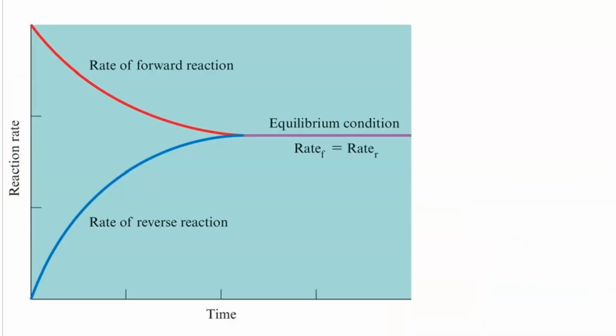Let's look at what's happening as a reaction reaches equilibrium. We have rate of reaction on the y-axis and time elapsed on the x-axis. Let's consider the very beginning of the reaction, here and here. For the forward reaction here, we have a very high reaction rate. That's because the concentrations of A and BC are high.